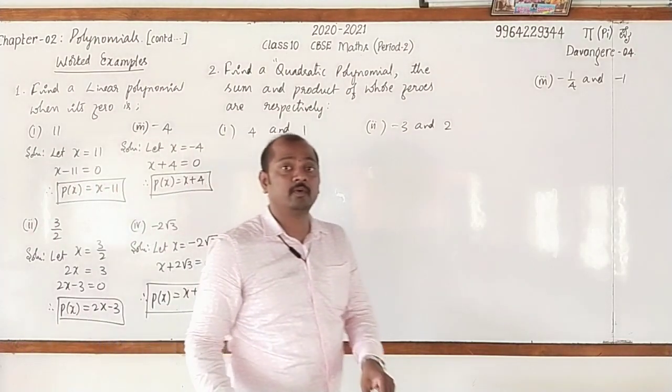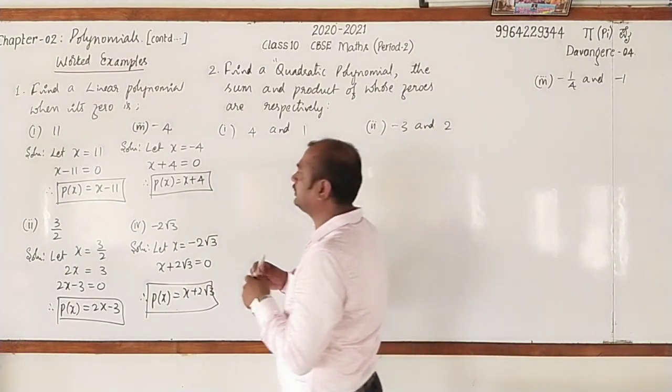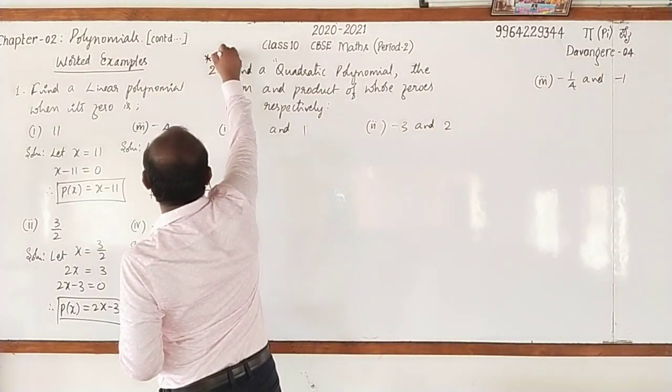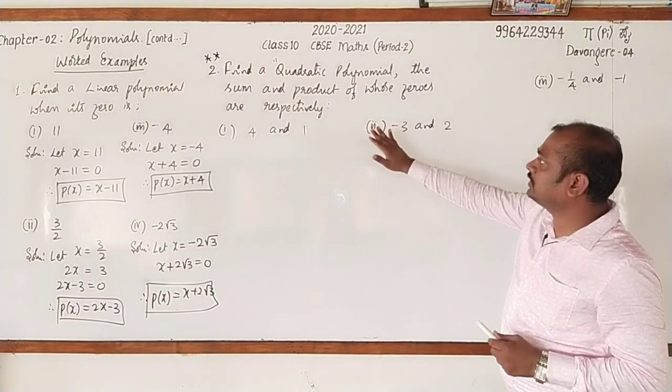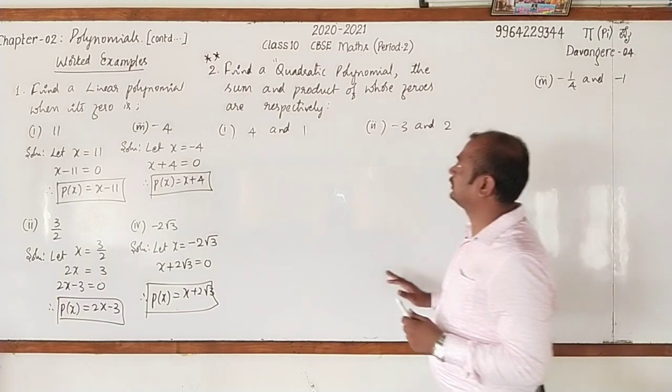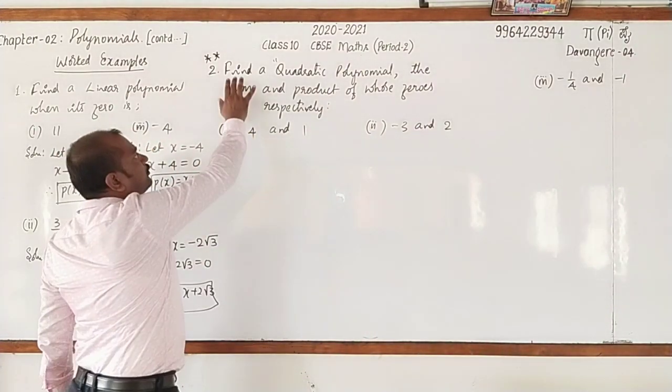Now let's move on to the second question. This is very important. I have taken all these from your NCERT text. They are also important from the examination point of view. Let's go through the given question.